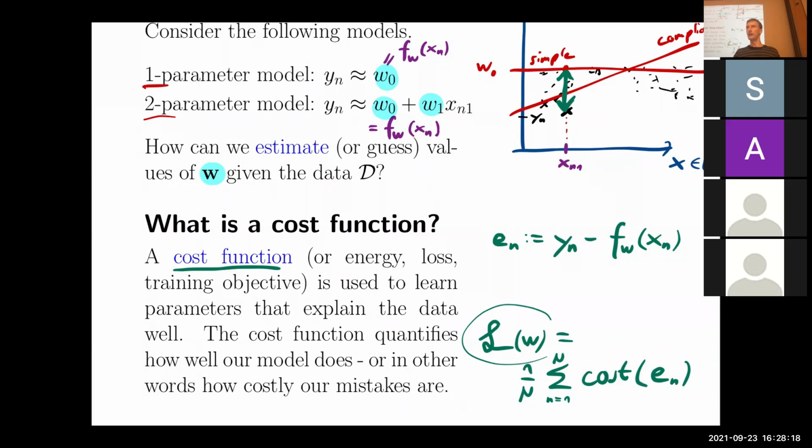The machine learning training algorithm is going to find the weights which are minimizing this cost, which means it's going to fit the data as well as possible, which means that over the whole data set, I want this cost function to be as low as possible. So maybe this model here will have some cost, but the model here, which is much worse, will have a higher cost. And the two models we have here will have a better cost than a very bad model. So that's the idea.